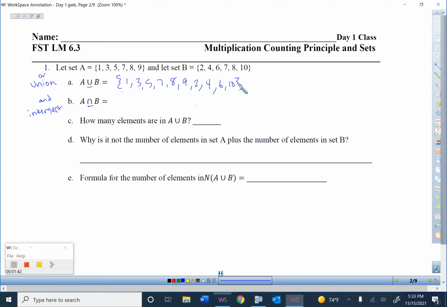Then the second part wants the intersection, or where they overlap. Okay, so if we look at A and B together, we're looking for repeats. So that's the 7, that's the 8, and that is it for that one. So the elements in A union B, if you count them up, there are 10.